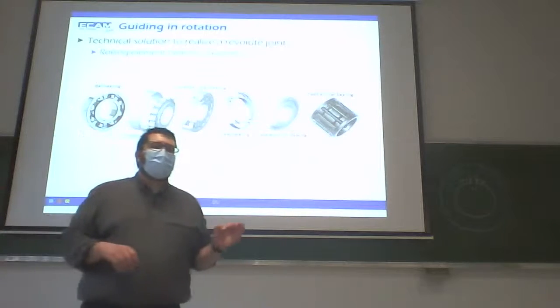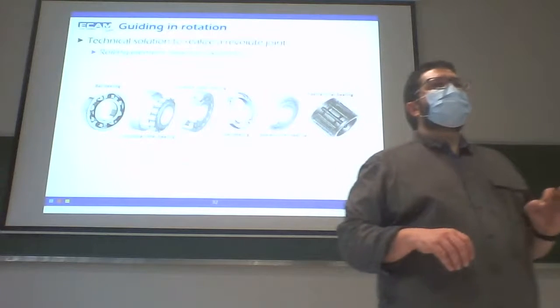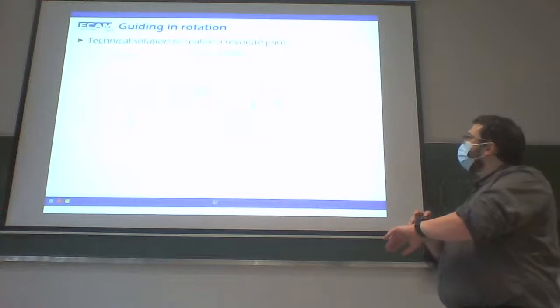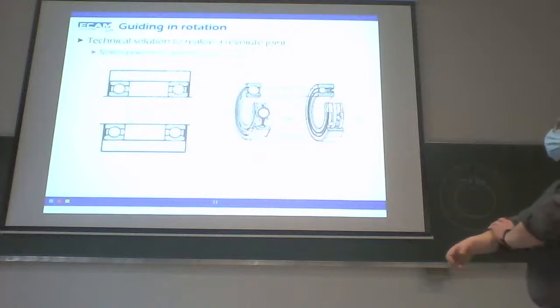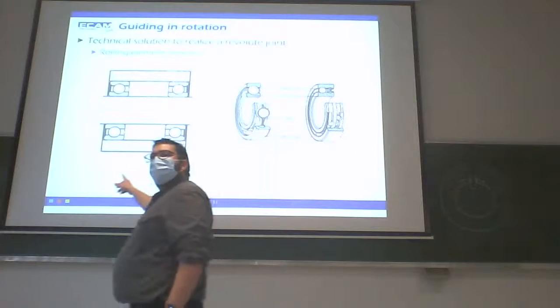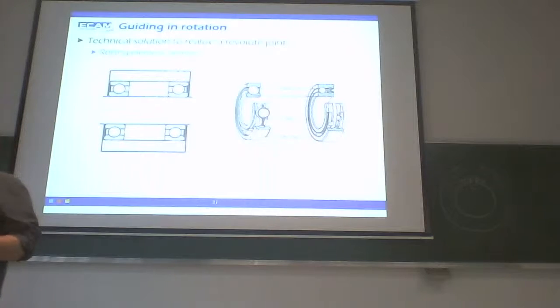Important points for ball bearings: we never use a single ball bearing. You see in the previous example, here I use two ball bearings. If I use only one, it's not correct because I have some small space inside the bearing and I don't realize a truly revolute joint.